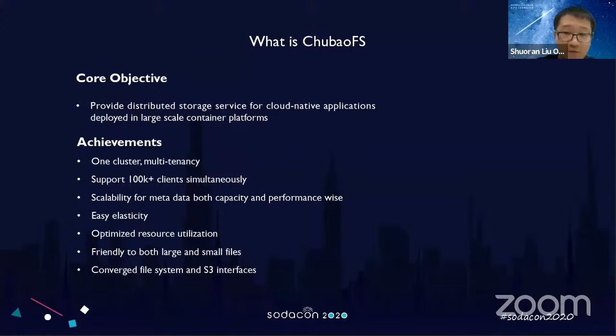It has several features listed here, or you can call them sub-objectives, which we managed to achieve. For example, there is usually one cluster for all the applications with multi-tenancy to do some isolation. It aims to support a large number of clients simultaneously, and it scales out easily and efficiently.